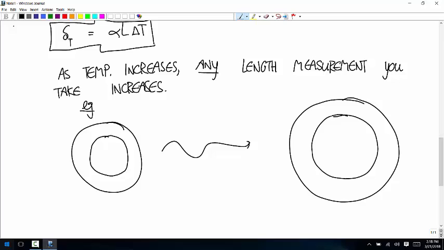So if this is the original D, this is D final. D final is greater than the initial.